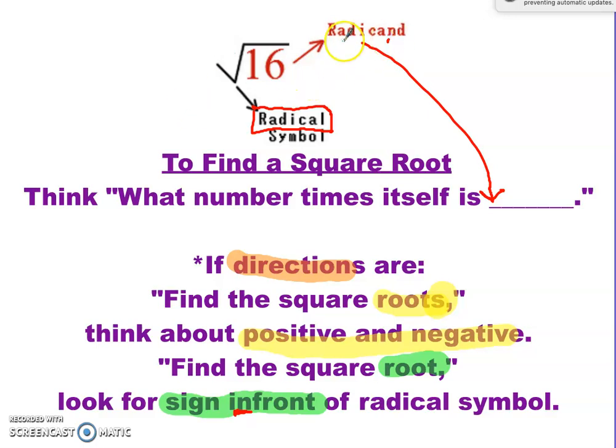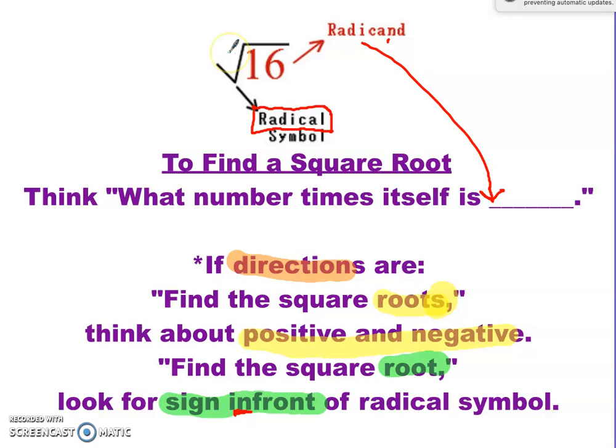The radicand right here is the number inside of this symbol that kind of looks like a division symbol, but it's not. It has this little lip here that makes it the radical symbol. And this means that I need to find the square root. Sometimes there's a number right here, and that's what we'll be getting into tomorrow.